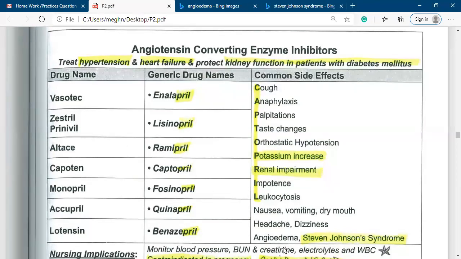And two more, angioedema and Stevens-Johnson syndrome.